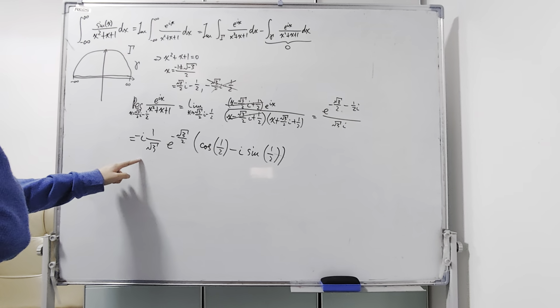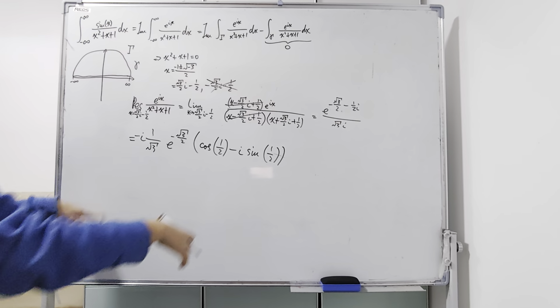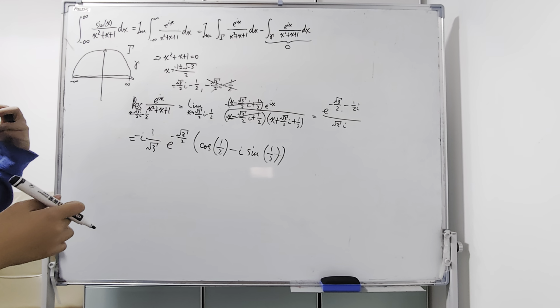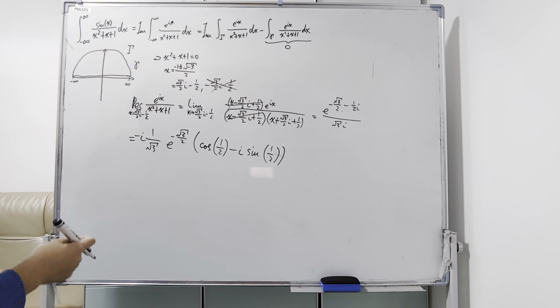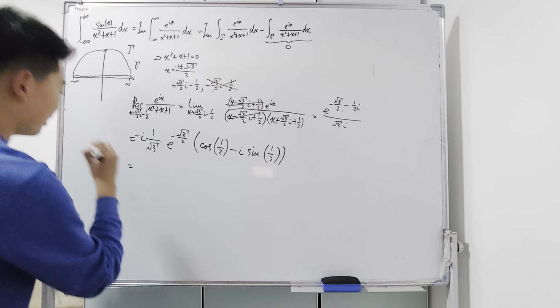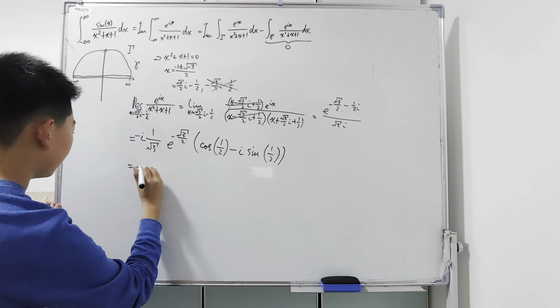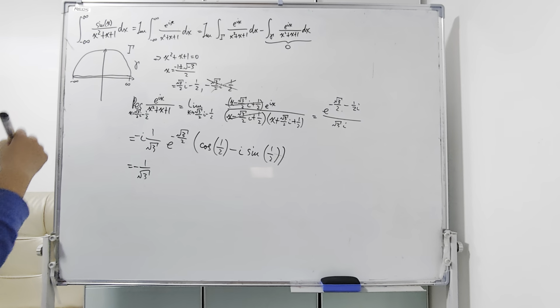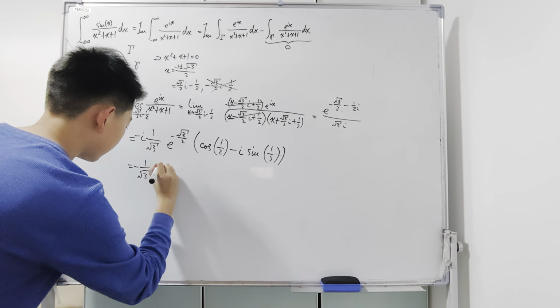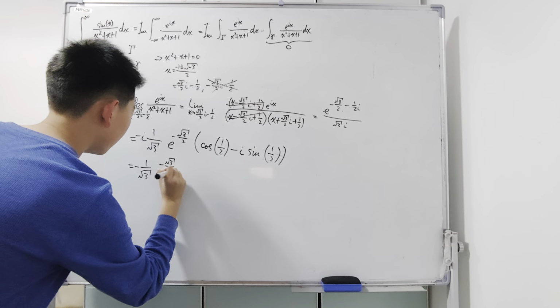There you go. And then, okay, so now I'm going to distribute the i to these couple so that we have a general idea. Negative 1 over root 3, e to the negative root 3 over 2.